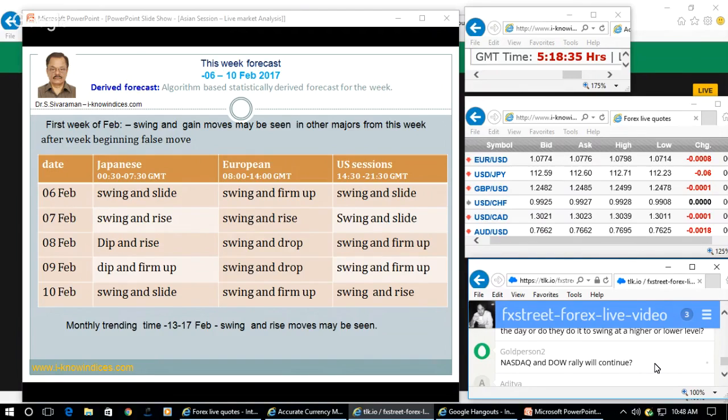See, first of all, you have to understand one thing. The players are here to trap the traders and earn money from the market. So how can they trap? They reach the high, and immediately people following the chart find that it is a resistance level. Then they try to sell.